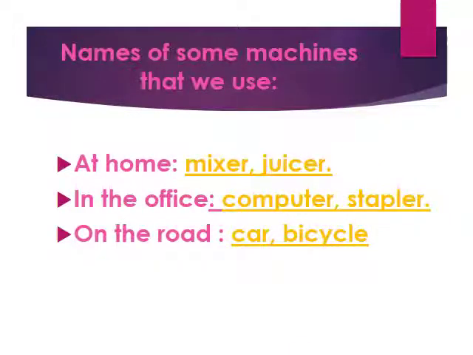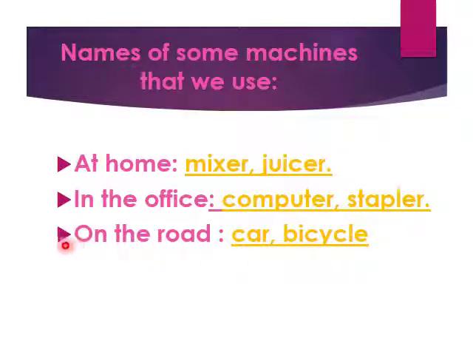My dear students, name some machines that we use at home, in the office, and on the road. The machines that we use at home are, for example, mixers and juicers. The machines that we use in the office are, for example, computers and staplers.